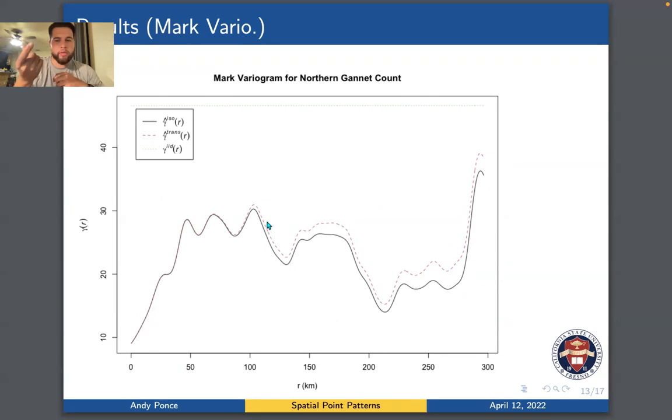And so the closer those numbers are, the smaller the difference, the smaller the point on the graph. And so we see that beyond a distance of 0 kilometers, the marks of points are pretty similar when points are a little bit over 200 kilometers apart. And this is for the case of the first process with 1 mark.